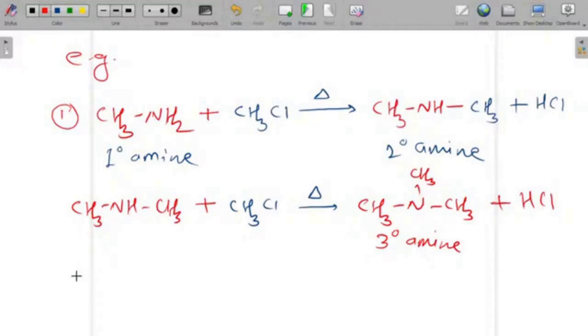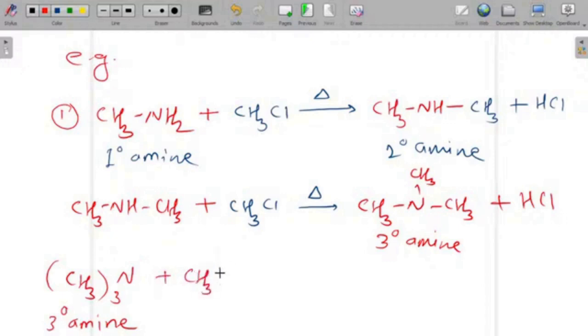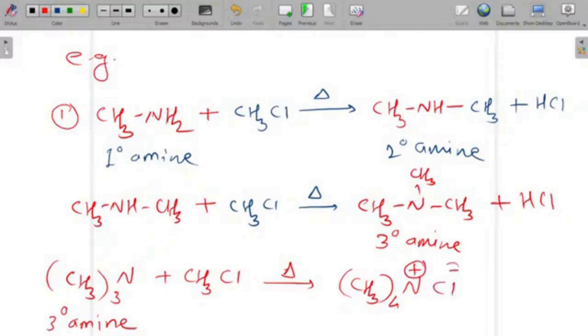Again this tertiary amine, I write as (CH3)3N, plus CH3Cl, which on heating produces (CH3)4N. This is positively charged nitrogen, and there is a chlorine in the close vicinity, chloride.